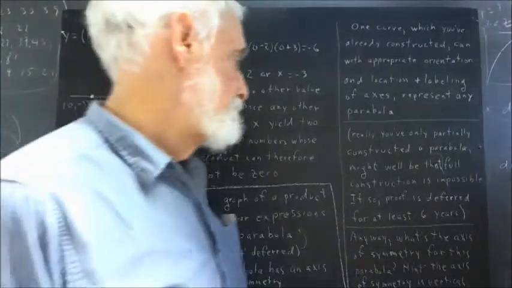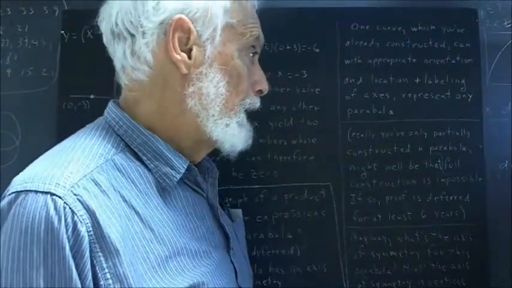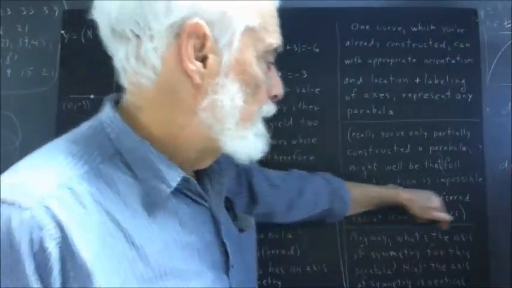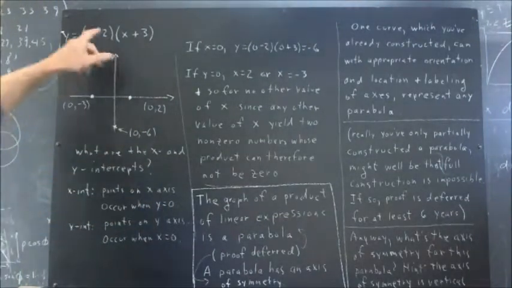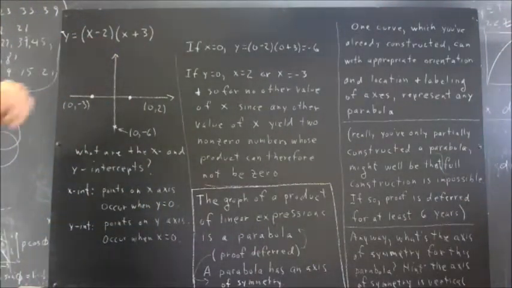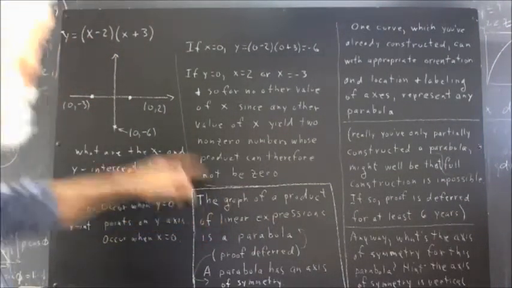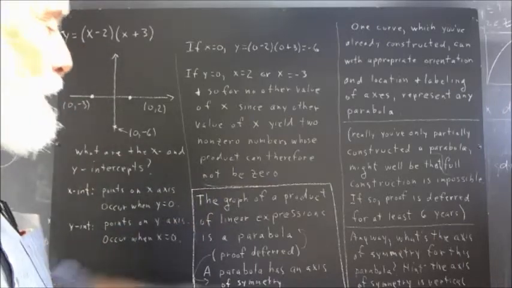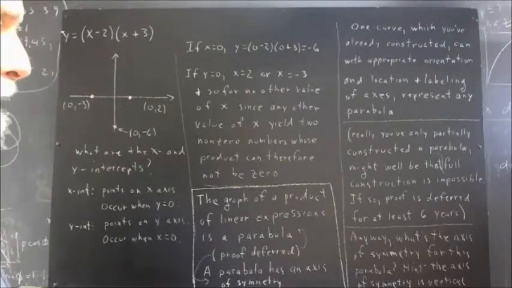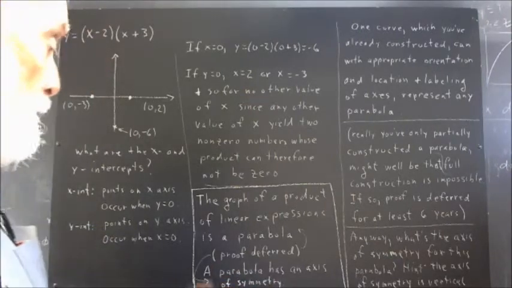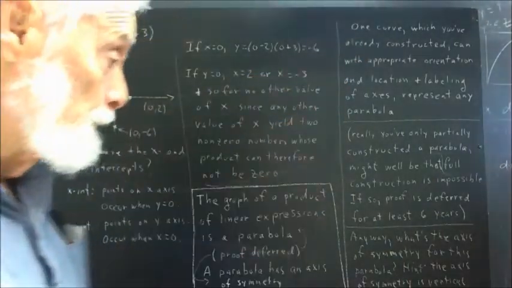Now, with all that background, the question I want to pose is: what's the axis of symmetry for the parabola that we get? I'm asking you to accept that the graph is going to be a parabola and that a parabola does have an axis of symmetry. And you know what that means, having done the construction.